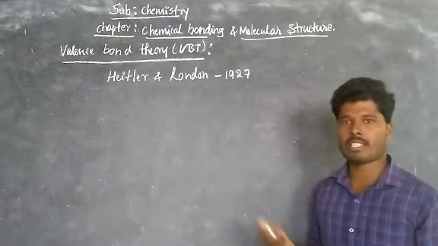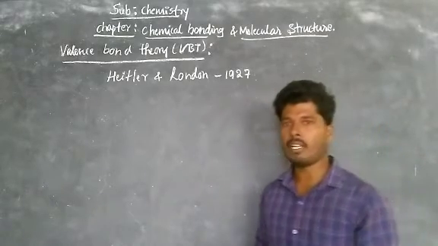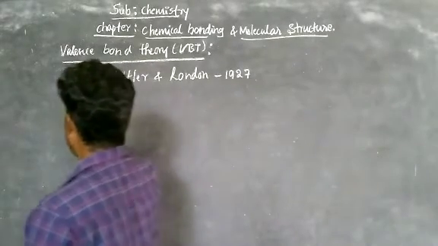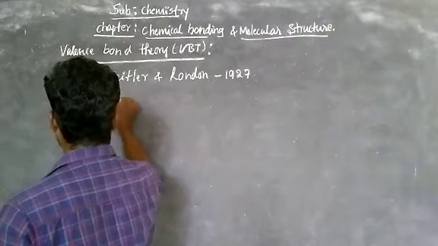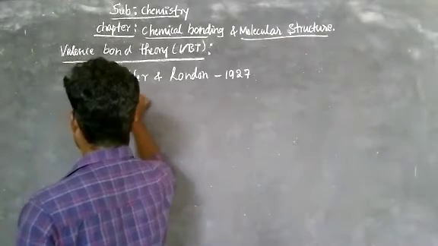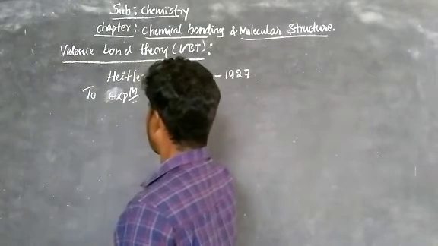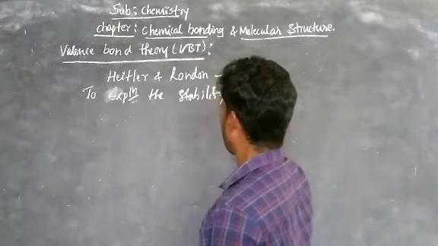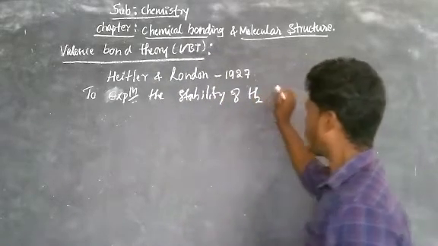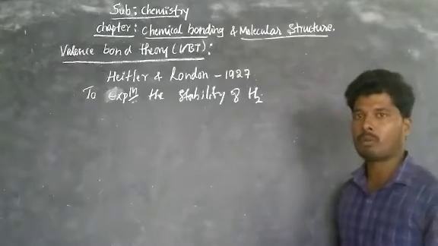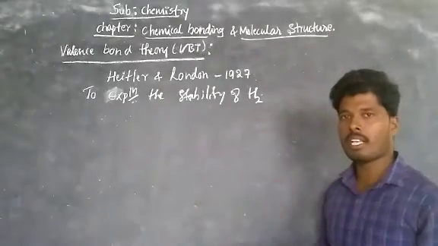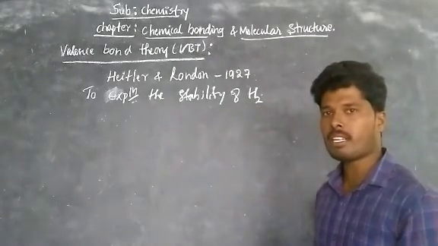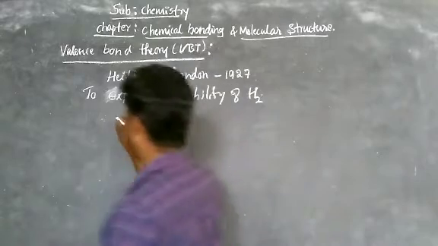Later, it was extended by Slater and Pauling to explain the stability of bonding in the hydrogen molecule.